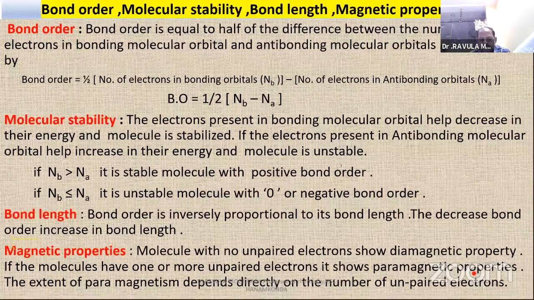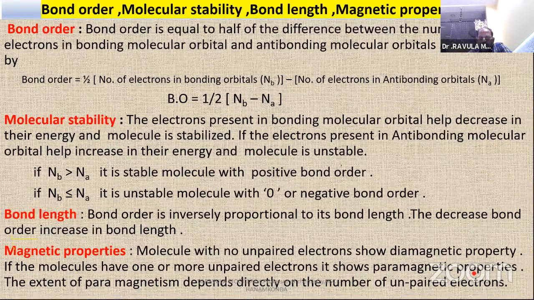The one with bond order 3. Suppose F2, O2, N2: their bond orders are 1, 2, 3. Therefore nitrogen has bond order 3, and its bond length is the smallest.